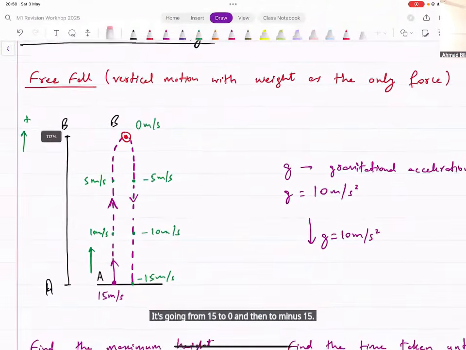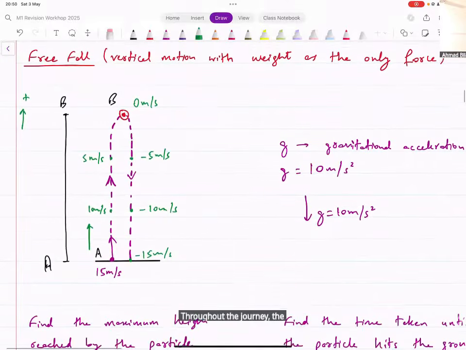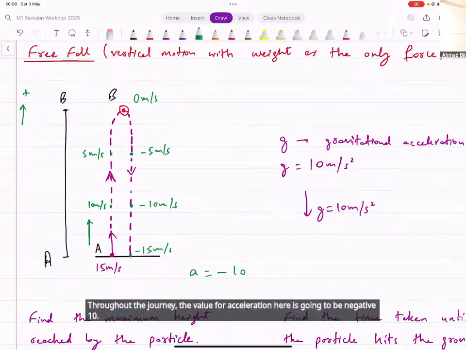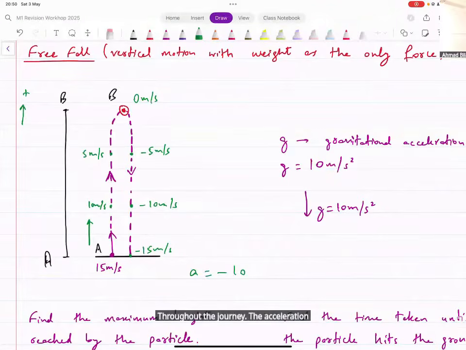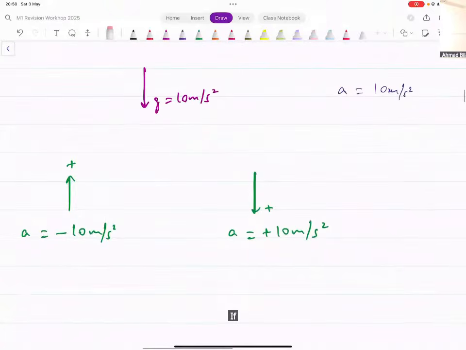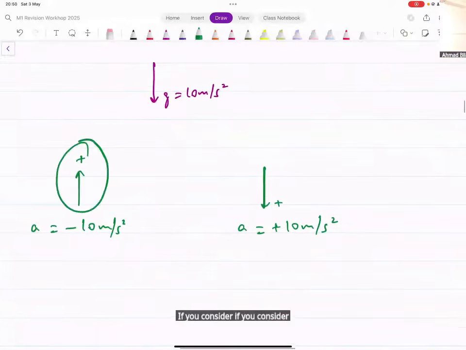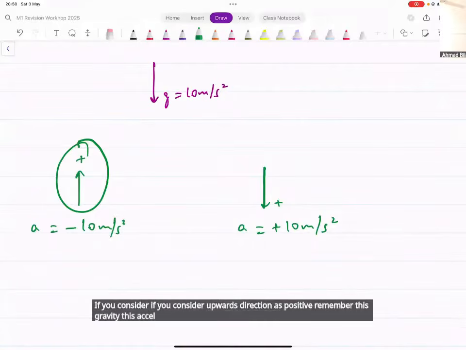Throughout the journey, the value for acceleration here is going to be -10. If you consider upwards direction as positive, remember this acceleration is because of gravitational acceleration.